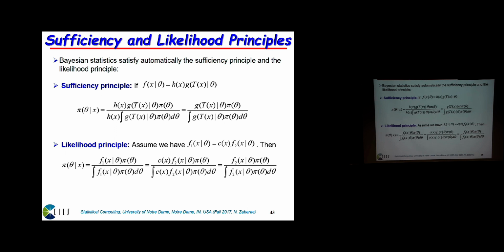And the same thing with the sufficiency principle. Something very important that I'm going to try to emphasize in the follow-up slides as well. Notice that any integrals that appear in Bayesian statistics are integrals in the parameter space theta. They are not in data space. Non-Bayesian statisticians integrate on data space that includes data that they have never observed.